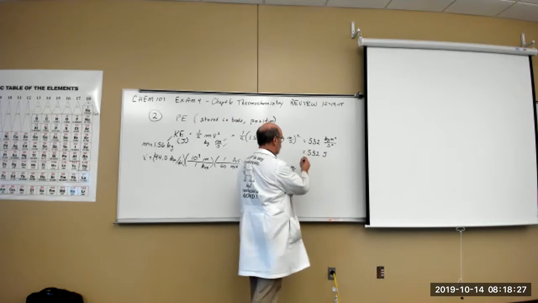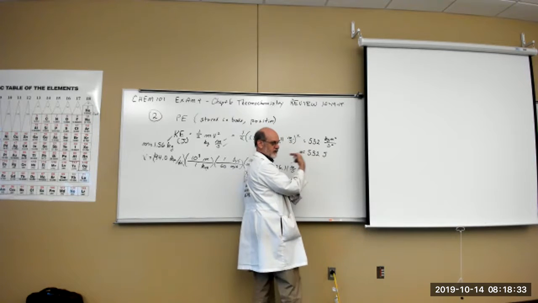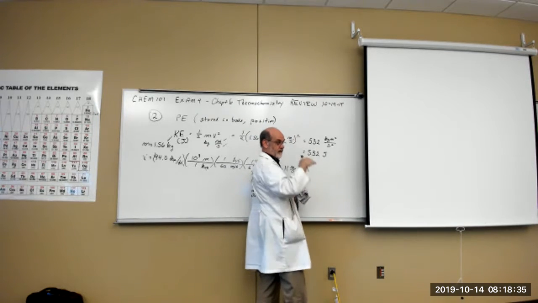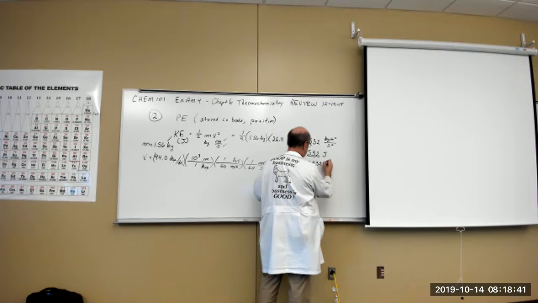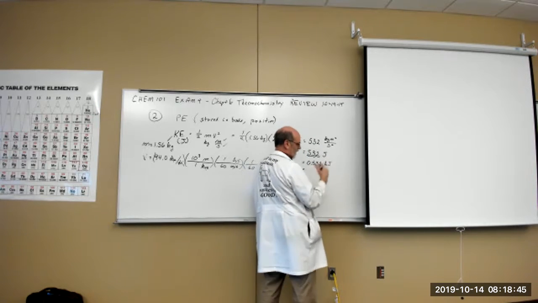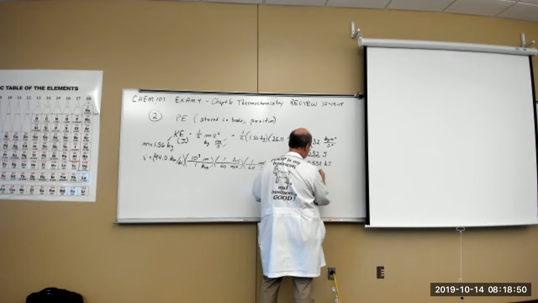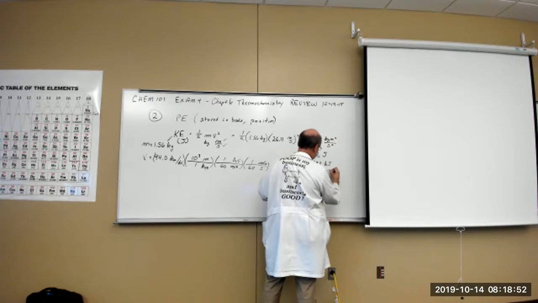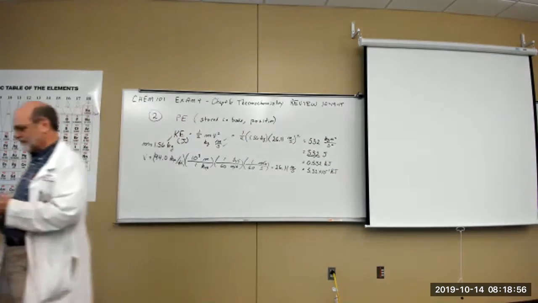So if that's joules, how many kilojoules is that? Move it this way, right? Kilojoule is a bigger unit. 5.32. Right, 1, 2, 3, 0.52 kilojoules. Or I think the answers are in scientific notation. 5.32 times 10 to the minus 1. Yep.